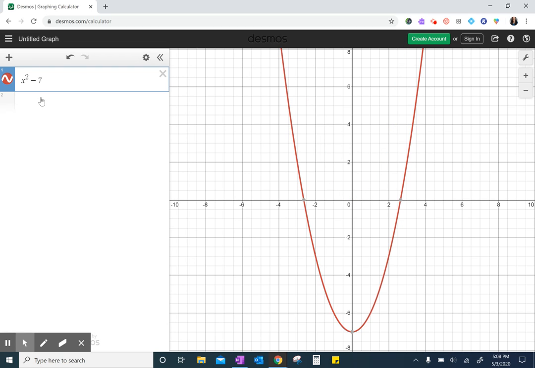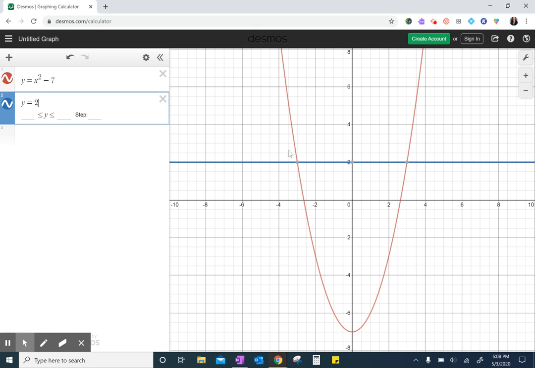So I put that in for my y1 basically. You could actually get in there and say y equals. And then we're going to come down here into my second function, and the other one, y equals 2. And if you'll notice, boom, negative 3, 2 is one point of intersection, and positive 3, 2 is your other point of intersection.